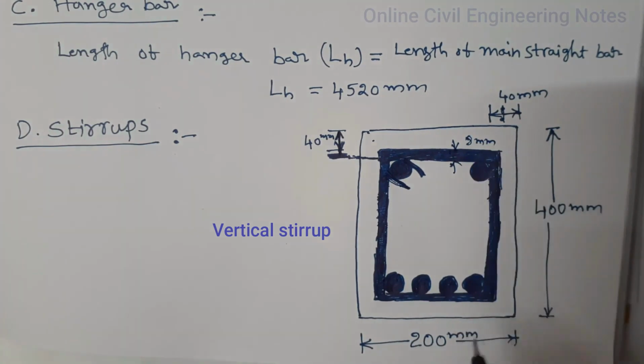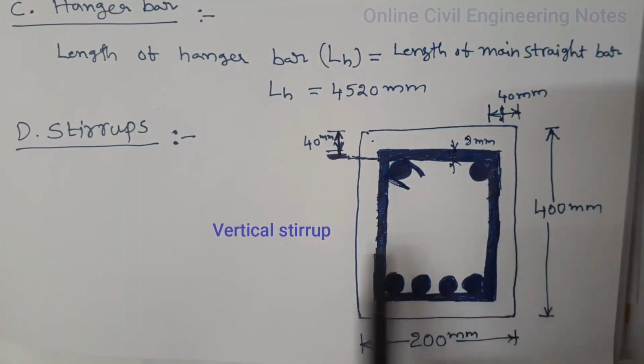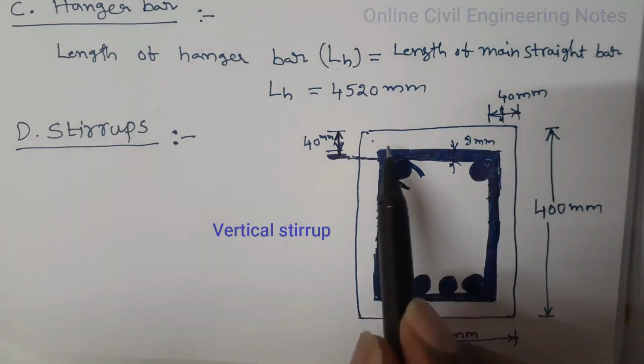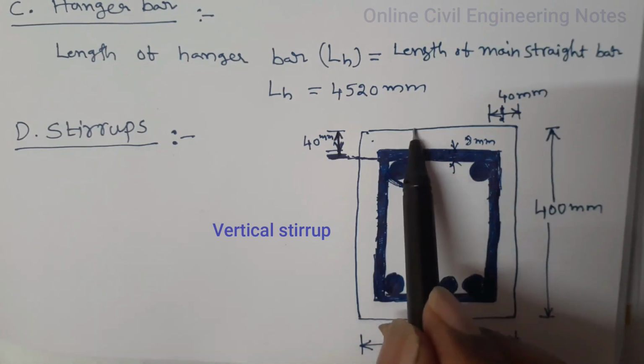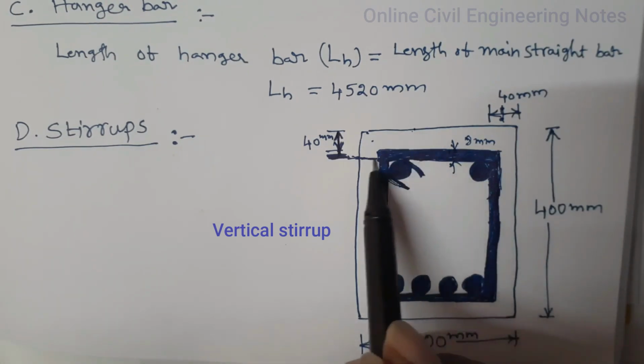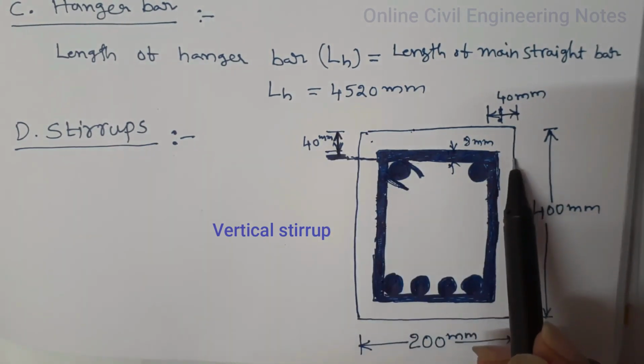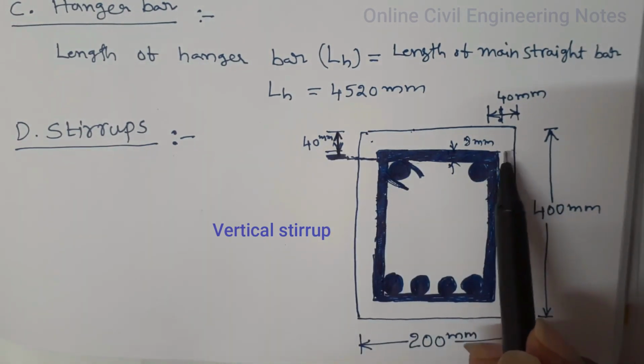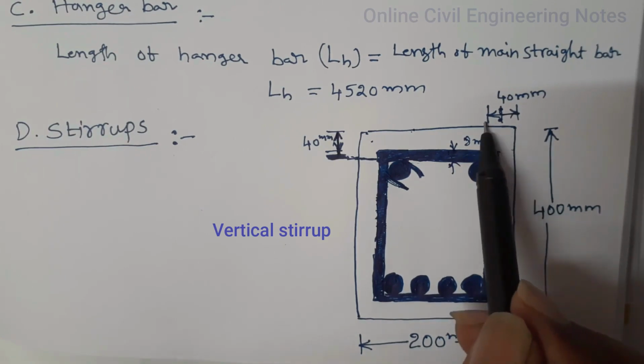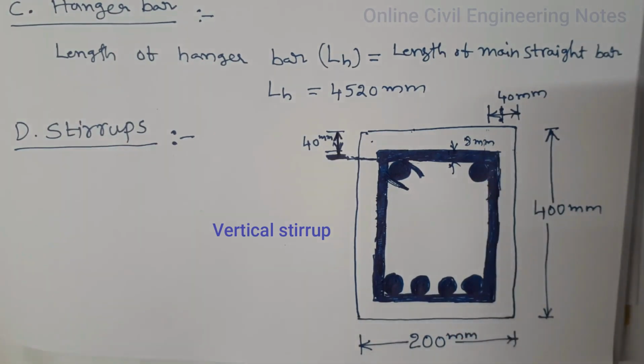The cover, top cover, bottom cover, side covers are 40 mm. So cover is from this top end to this portion. This is 40 mm. Similarly here, from this side of the beam to this portion, length of the stirrups.